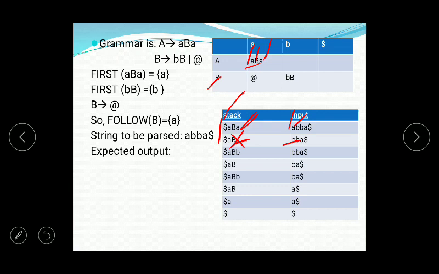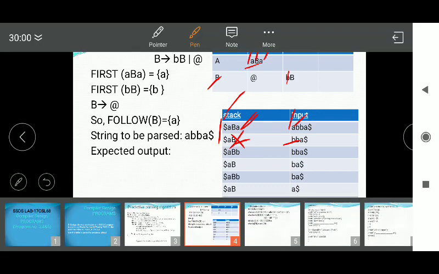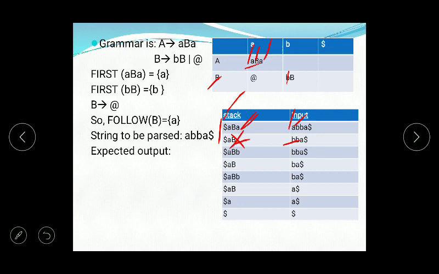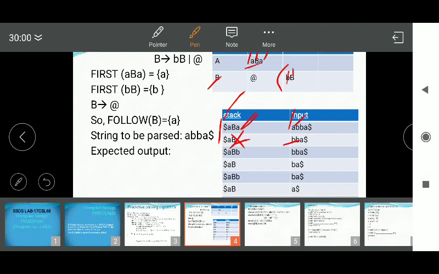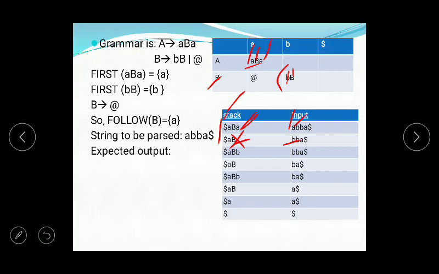Okay, then while copying, first copy this B over here, I mean this last B over here, next B, from right to left. So that the thing is, you have to get this B on the top of the stack. See here, now B is on the top of the stack.